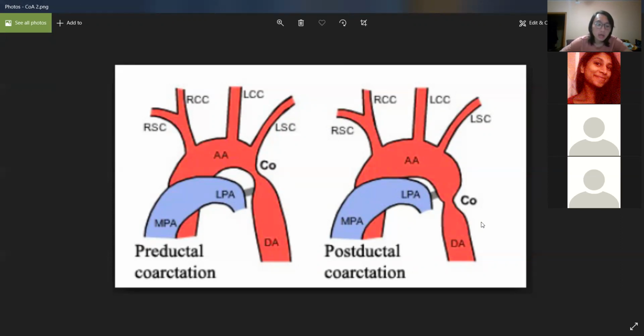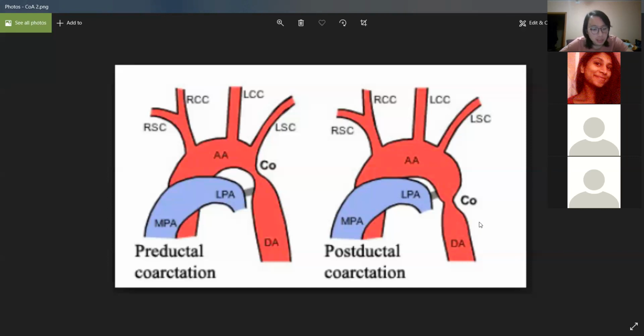Physiologically, the BP, especially the systolic BP, is higher on the lower extremities, and the pulse as well is slightly delayed in your lower extremities.